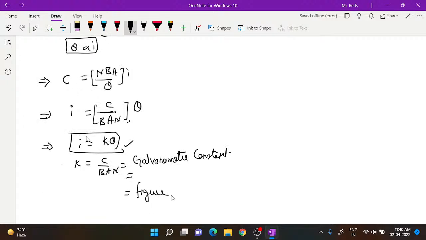So it is equal to C by BAN. This is briefly the recall.